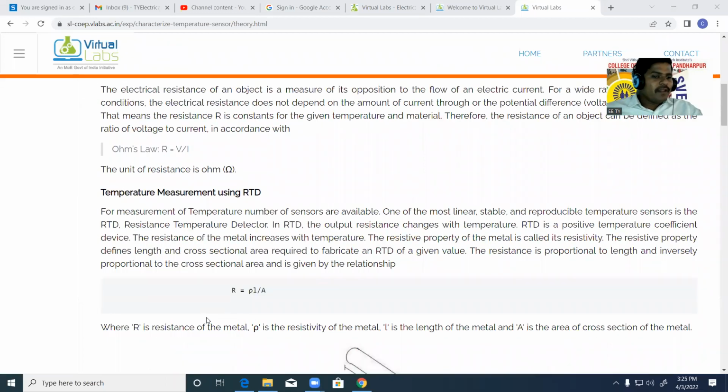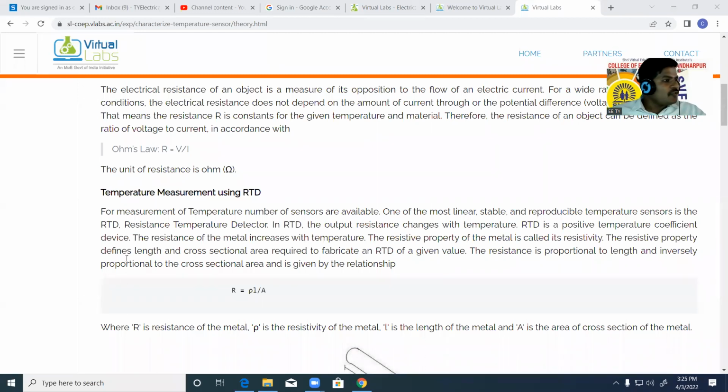Now see, temperature measurement using RTD. We want to sense the temperature, or measure the temperature, by using an RTD. RTD is a resistive temperature detector. For measurement of temperature, a number of sensors are available. One of the most linear, stable and reproducible temperature sensors is the RTD, right?